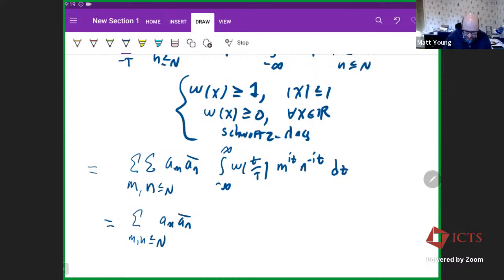So if you do this integral, this thing just becomes t times w hat of t, with log of n over m, and there's this 2 pi thing. It shouldn't really matter.